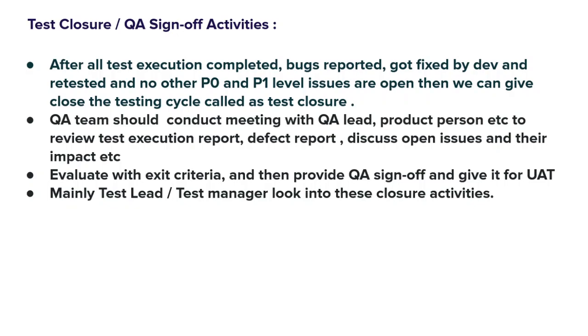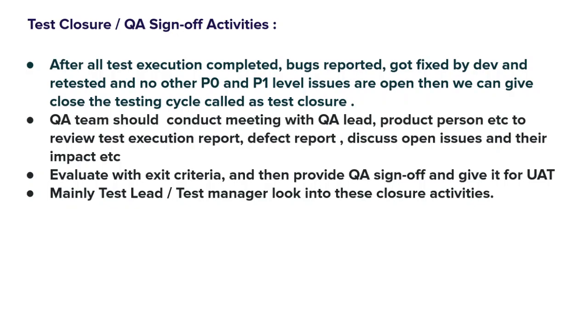And once those decisions are taken, then we can evaluate against the exit criteria. Exit criteria is when we should conclude the testing. We should consider some parameters like we have just mentioned above. All the testing is completed, all the test coverage is correct, all the business requirements are met, there are no P0 and P1 level issues in open state, etc. So by conducting and evaluating all these criteria, we can give the QA sign off.